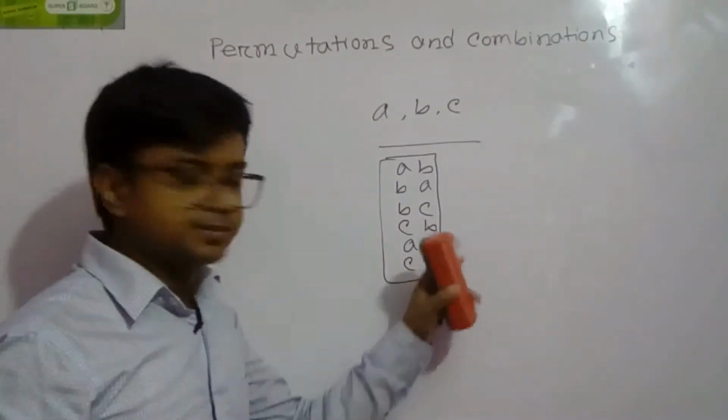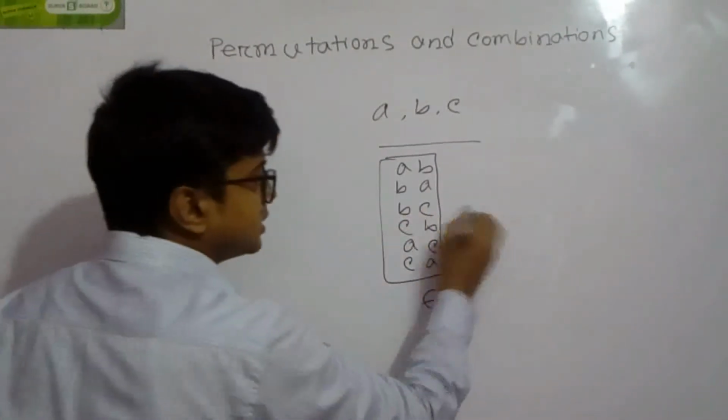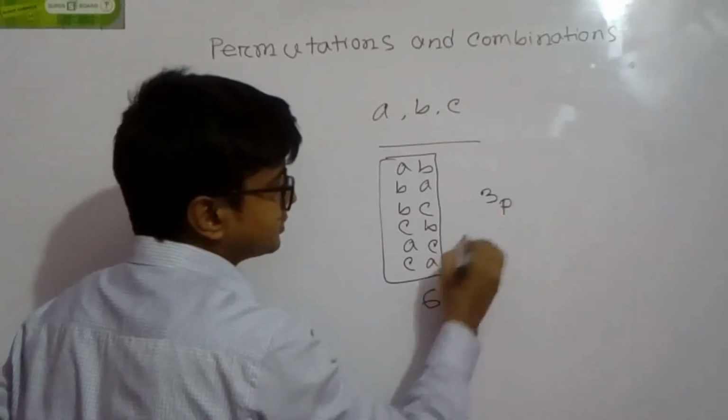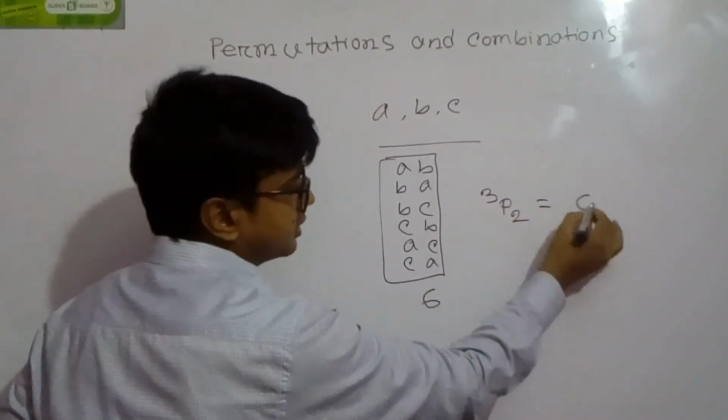If we take 2 out of 3, we can write 3P2. Our answer will be 6.